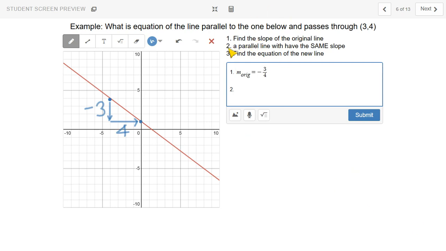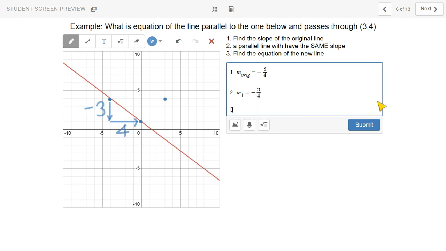So a parallel line will have the same slope. So that means our new slope is still -3/4. Find the equation of the new line. Now we know that (3, 4) is a coordinate of the line that's new.